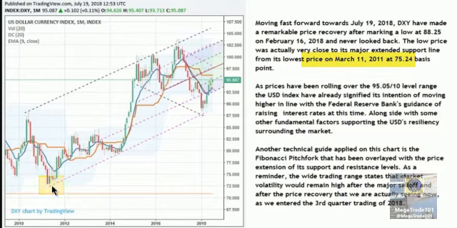dated March 11, 2011, and as prices rolled, you could see that the higher bottoms are actually in shape.